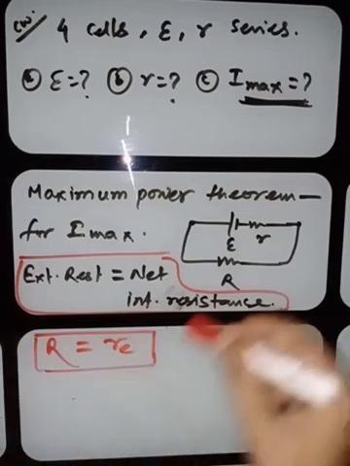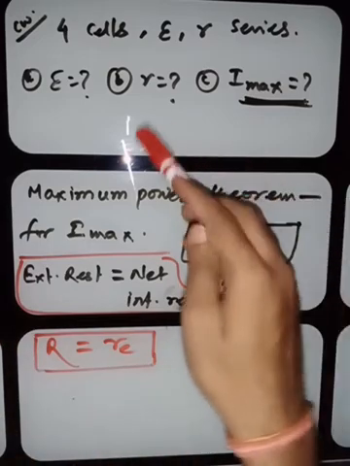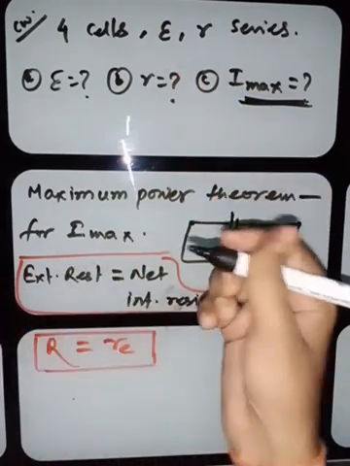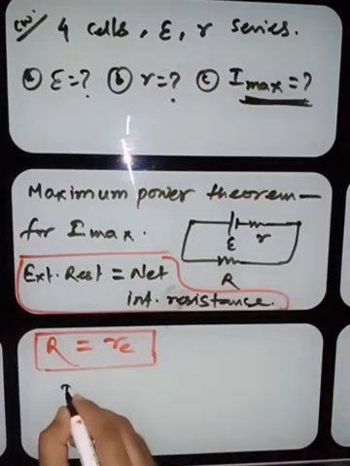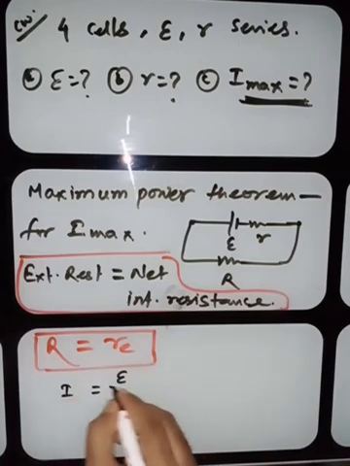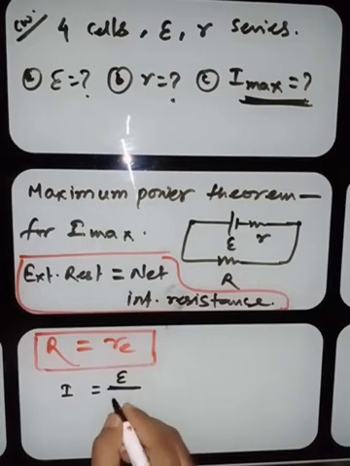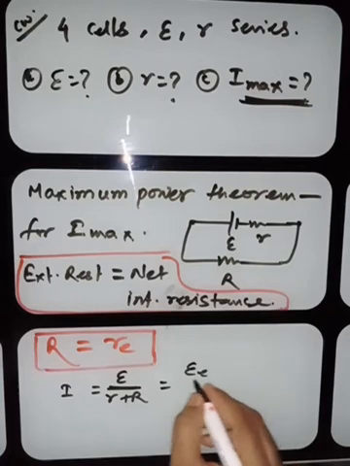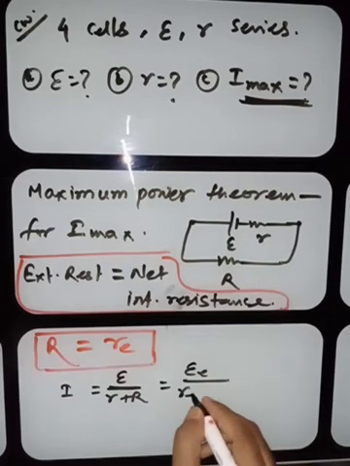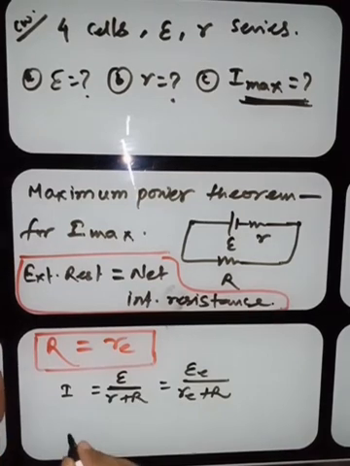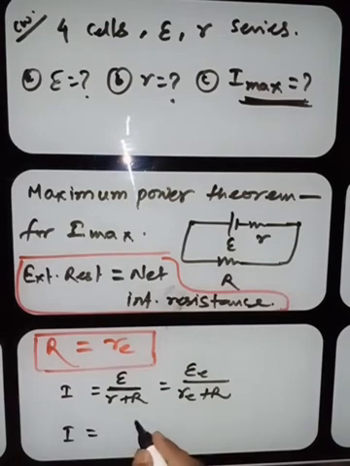Here only one resistor is connected in the question. What will be the current? So the I maximum, I is E by R, okay, E by R plus R, that is E net equivalent by R equivalent plus R. Now I is equal to E equivalent.